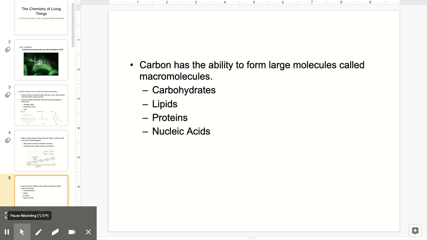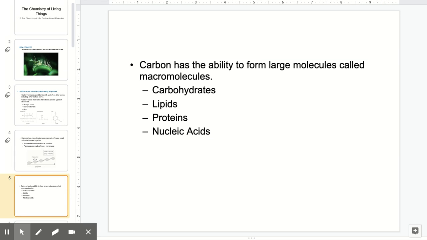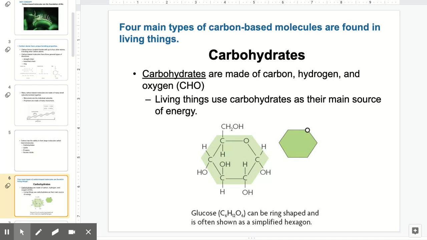And they are grouped into four different classes based on their characteristics and their structure and function. So carbohydrates, lipids, proteins, and nucleic acids. And you may be really familiar with proteins from our study of enzymes already.